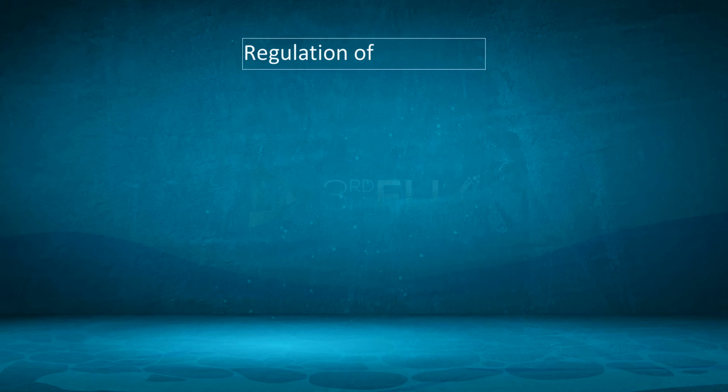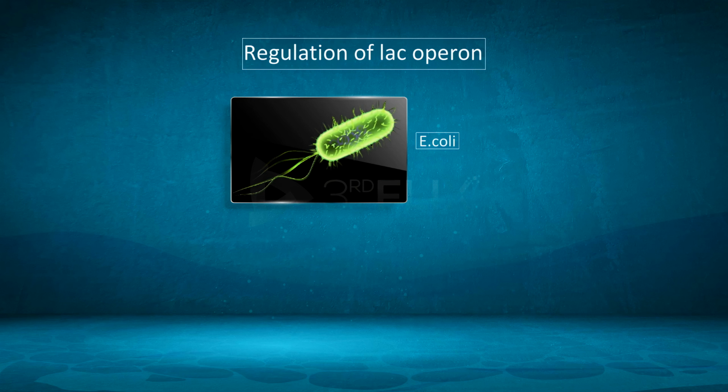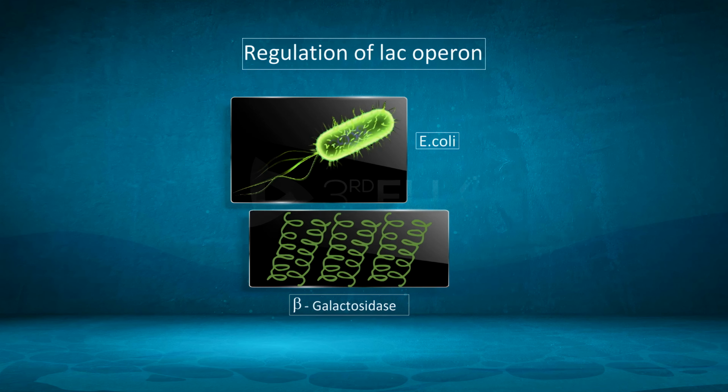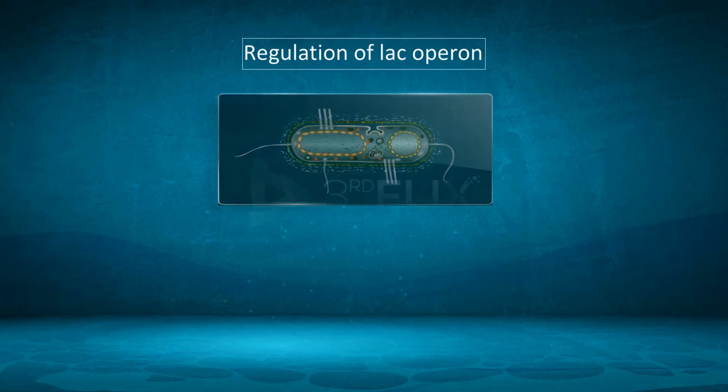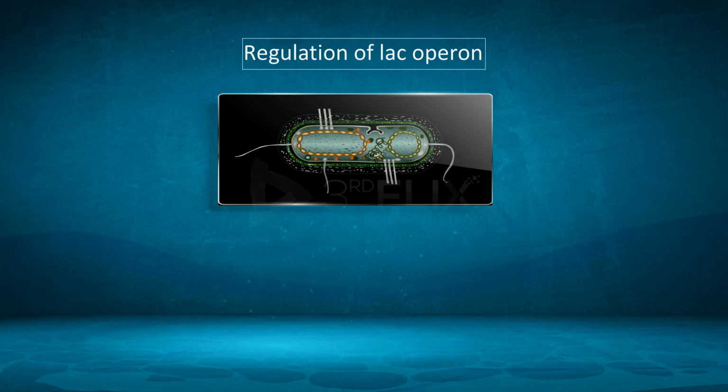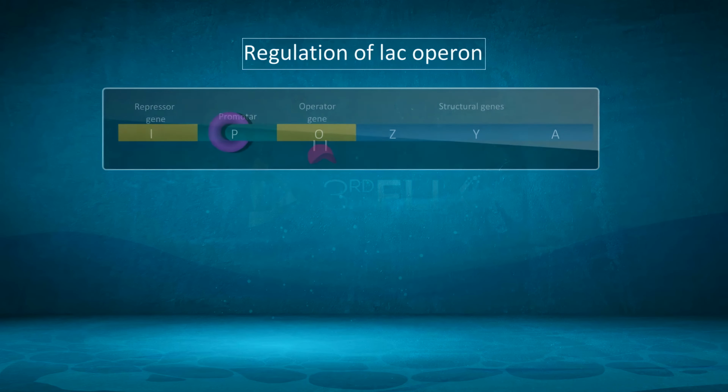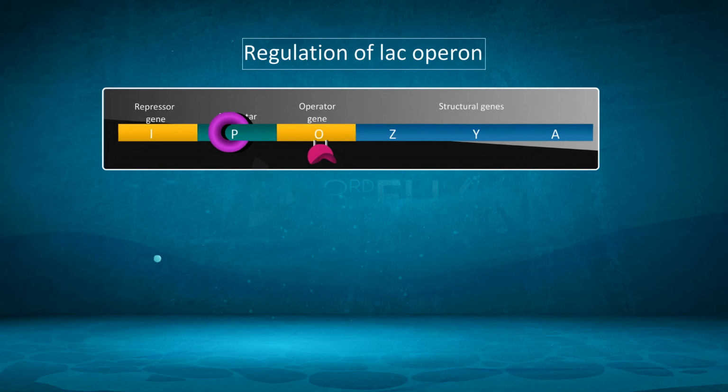Regulation of the Lac Operon. E. coli contains a few molecules of the beta-galactosidase enzyme. Beta-galactosidase in the cytoplasm metabolizes lactose into allolactose, an inducer. Allolactose binds to the repressor protein, which detaches from the operator.